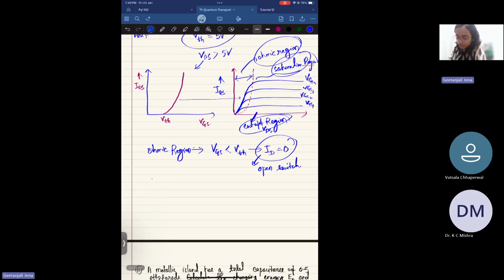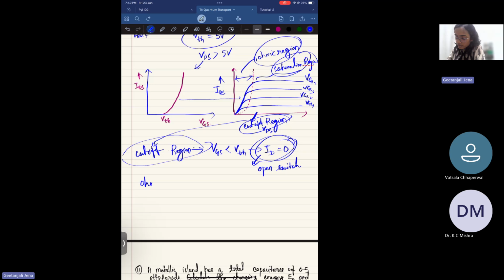It is the cutoff region. In the cutoff region, the gate to source voltage is less than the threshold voltage. That is why we are getting no drain current, and the MOSFET is acting like an open switch.